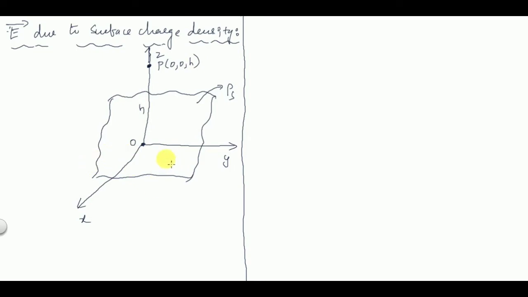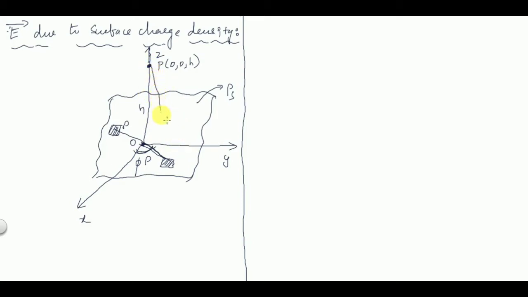I'm considering a small arbitrary sheet here, ds bar, and the same arbitrary sheet towards the other end of the origin, so the distance between them is the same. Here the distance is rho, and here also the distance is rho, and phi is the angle made by this sheet.